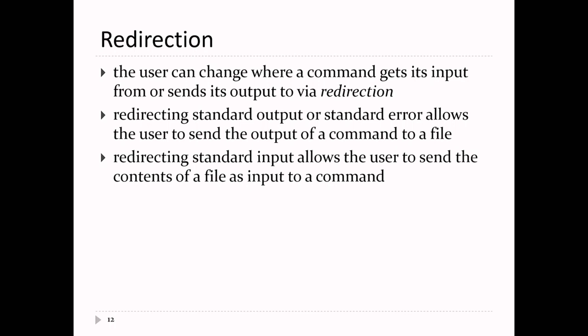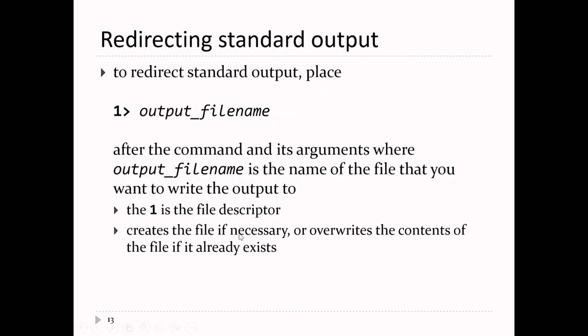I can take the output that went to standard error and send that to a possibly different file. You can also redirect standard in. So instead of having a program read the keyboard, you can instruct the program to read from some other input stream. Redirecting standard output and standard error are the more common use cases. It's less common to redirect standard in.